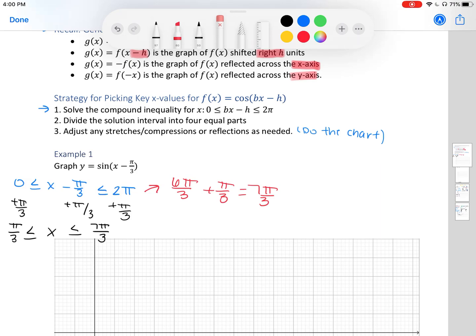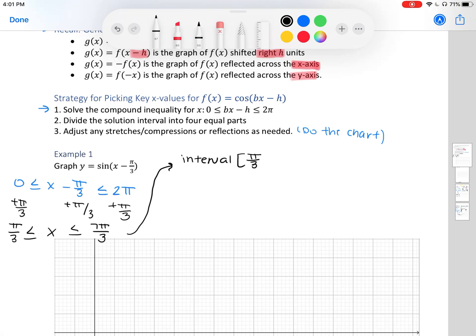All right, let me erase my side work so I don't lose my space. So that is our interval. That is our length of one period. We have an interval starting from pi over 3 and ending at 7 pi over 3.